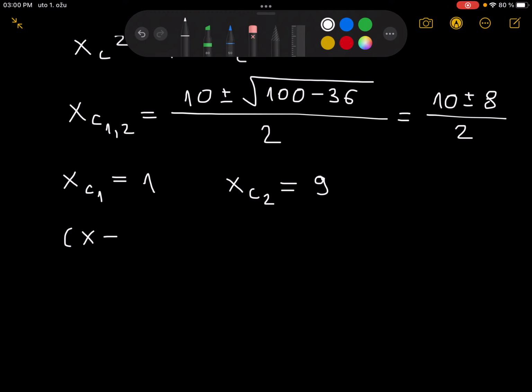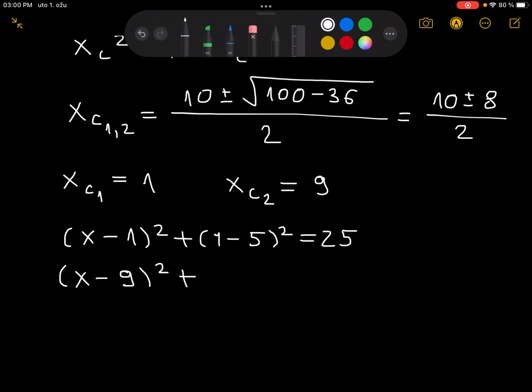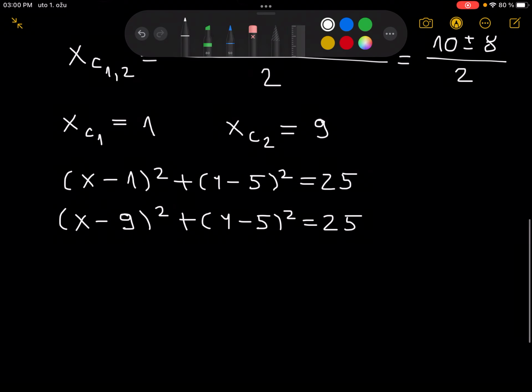So x minus 1 squared plus y minus 5 squared is equal to 25, or x minus 9 squared plus y minus 5 squared is equal to 25. So we actually have two equations that meet the initial conditions.